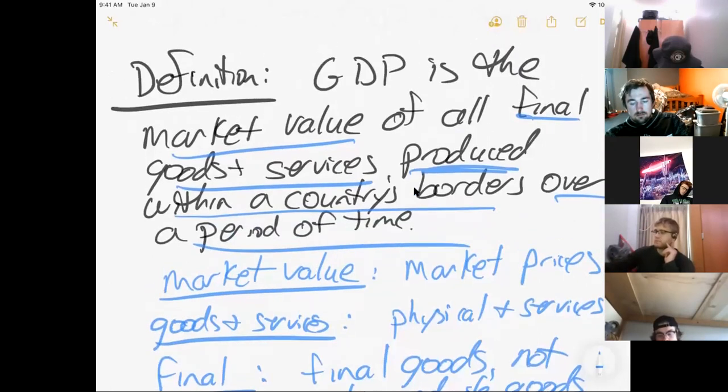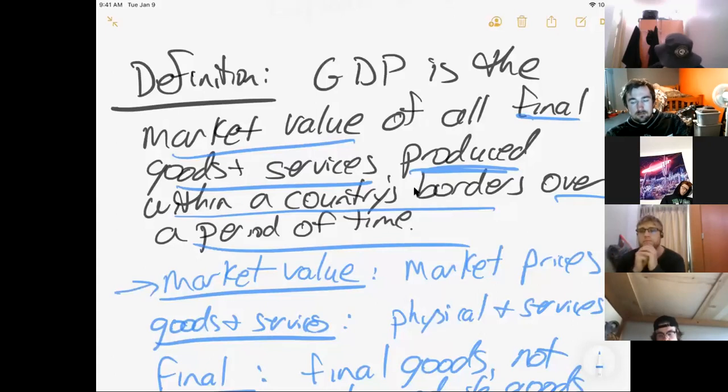Remember, our definition of GDP focuses on market value. It's got to be sold in a market. So things that you produce at home are not included in GDP. If you take care of your own kids, that's not included in GDP. If you have a garden, that's not included in GDP. If you clean your house, that's not included in GDP because it's not sold on a market.